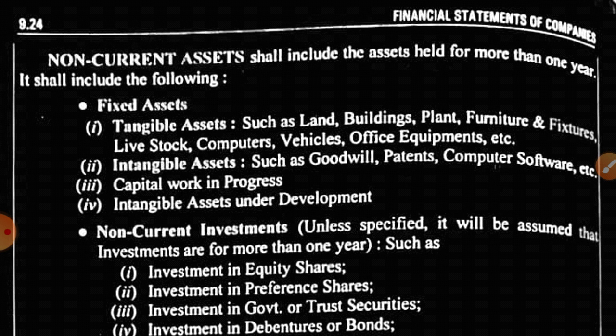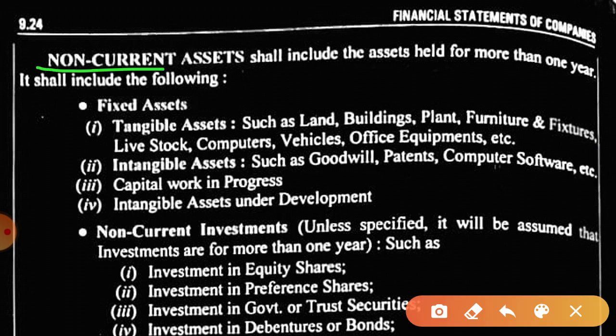Then we have subheads. The first one is fixed assets under non-current assets. See, you have to remember what the heads and what the subheads are. So in fixed assets, first comes tangible. Tangible, you know, which can be seen and touched, like land, building, plant, furniture and fixtures, livestock.